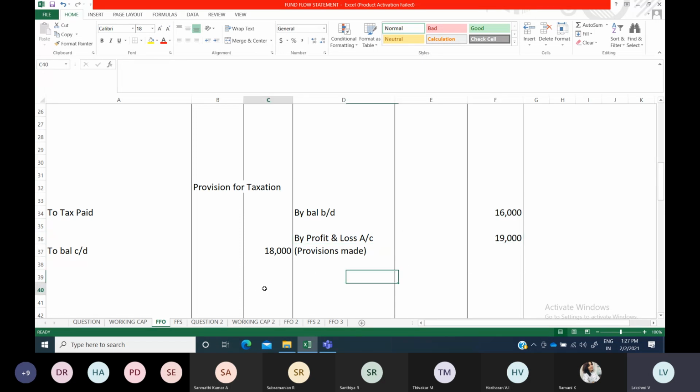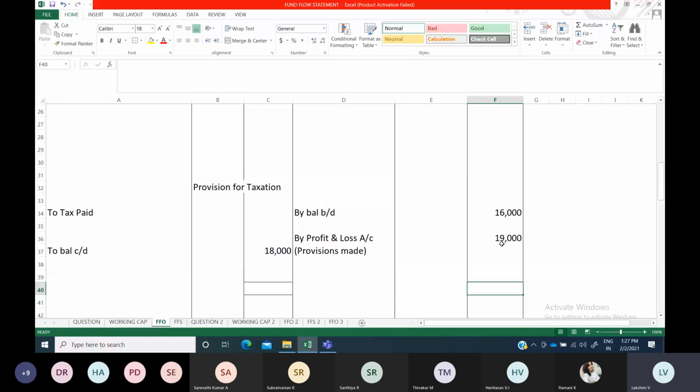Now you balance the account. Find out how much you are getting in total on this side. This side is 18,000, this side is 16 plus 19, 35,000. So 35,000 is the higher amount. Usually how you close the account, in that same format you have to balance the account.